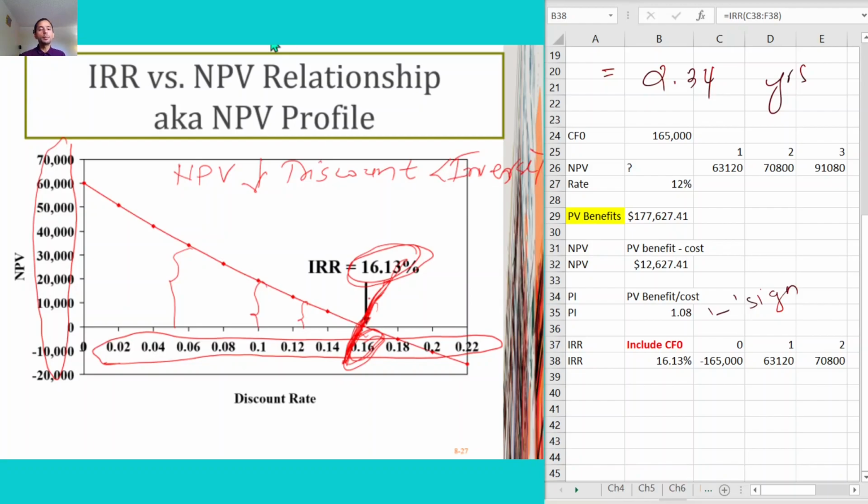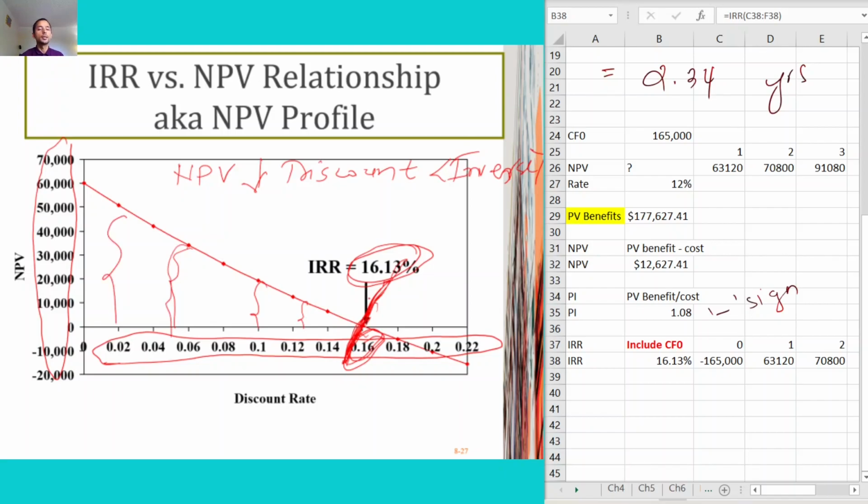The example I often give is when you go to a mall to buy clothes: the higher the discount, the lower the price you pay. Same idea here. The higher the discount rate, the lower the NPV. The lower the discount rate, the higher the NPV.